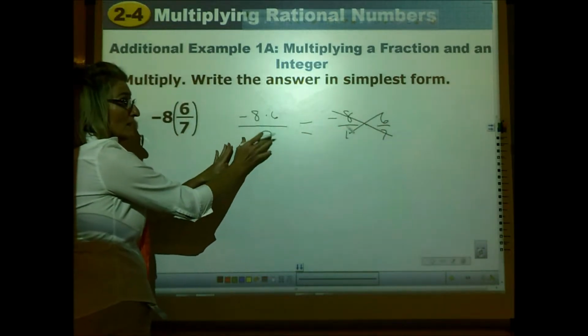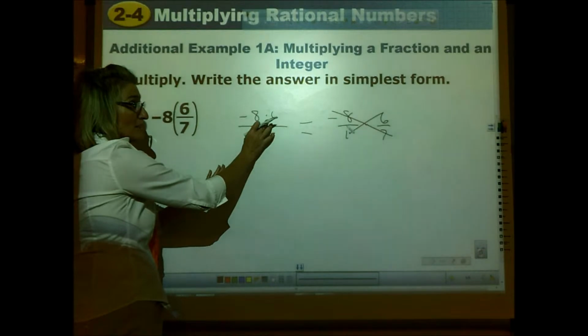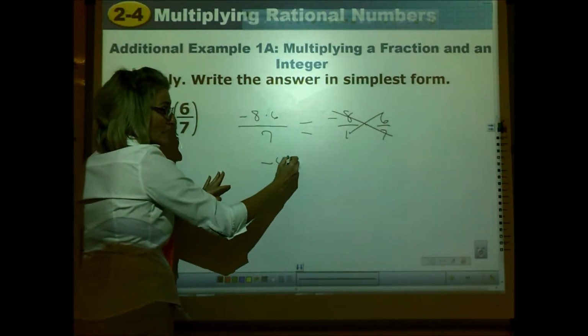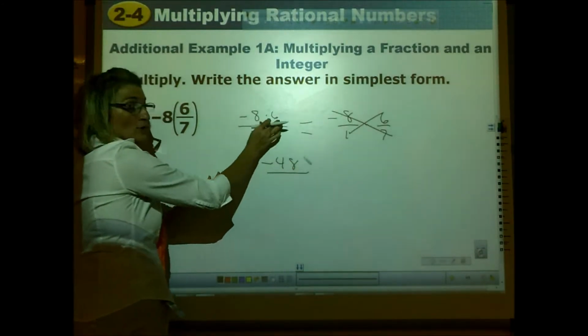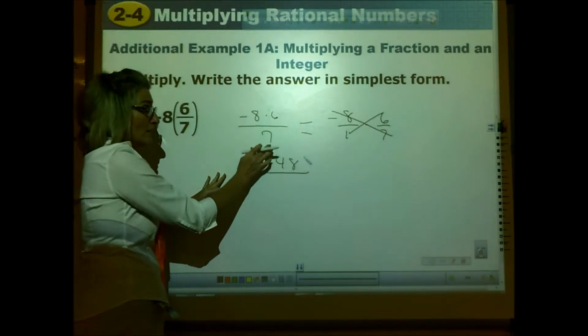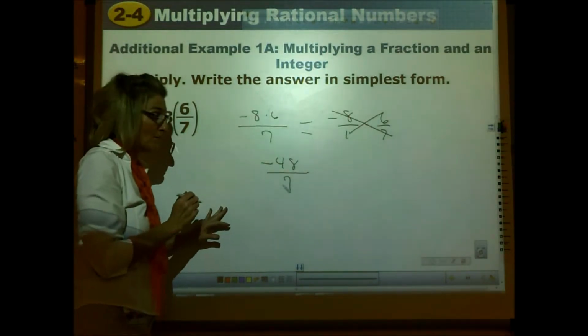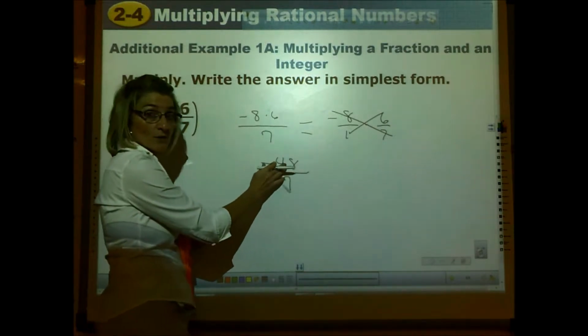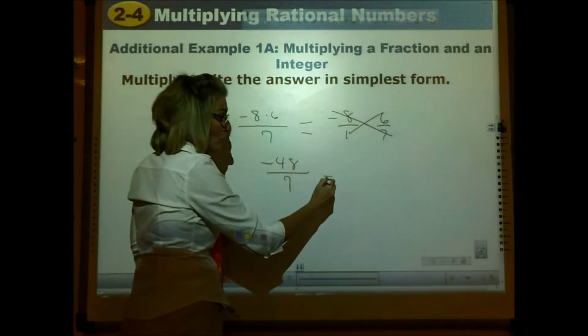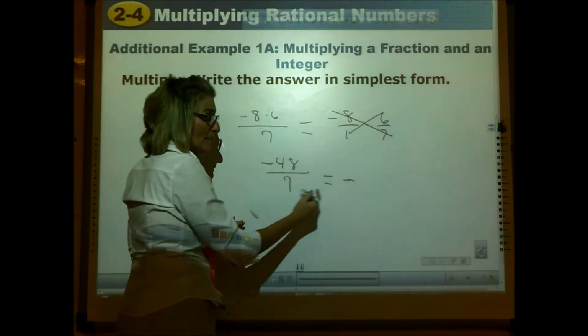We're going to take -8 times 6, which is -48. Signs are different, so the answer is negative, over 7. Now what we have to do is simplify. How many groups of 7 will go into 48? We know our answer is still going to be negative.